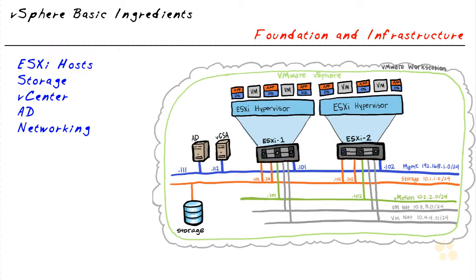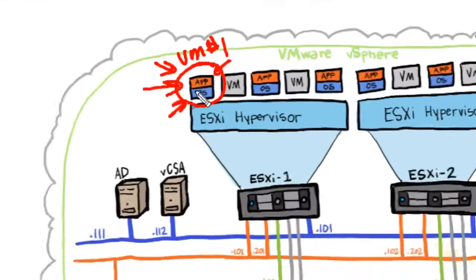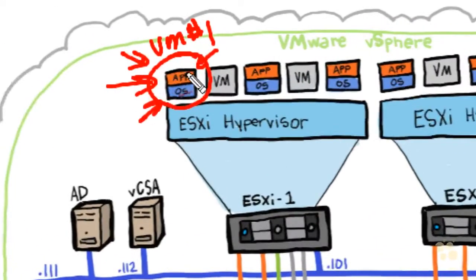Another key ingredient that we're going to have in our vSphere environment is storage. Now let's imagine this virtual machine right here, and let's imagine that this virtual machine, we'll call it VM number one, is running a Windows Server operating system. And I've got a question for you regarding this virtual machine. True or false?